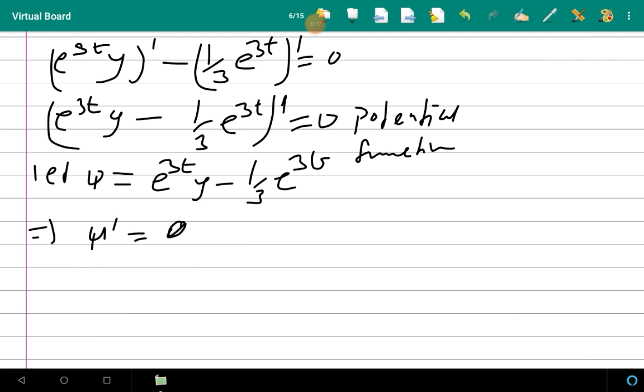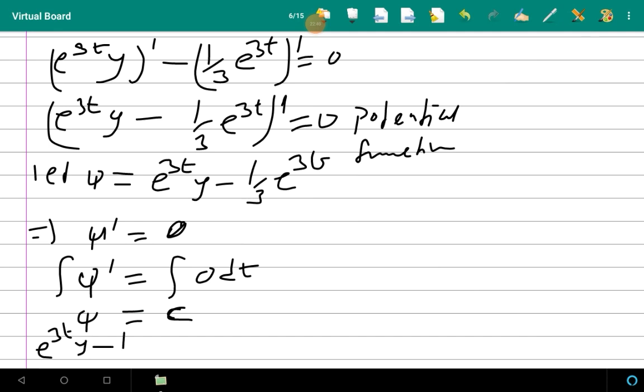Okay, let's integrate both sides of it with respect to t, implying that this will be equal to c. Now, but from the previous one, we have e exponent 3t y minus 1 over 3 e 3t to be equal to c.